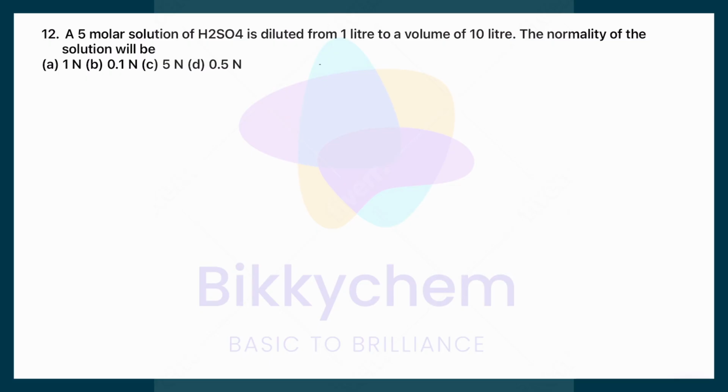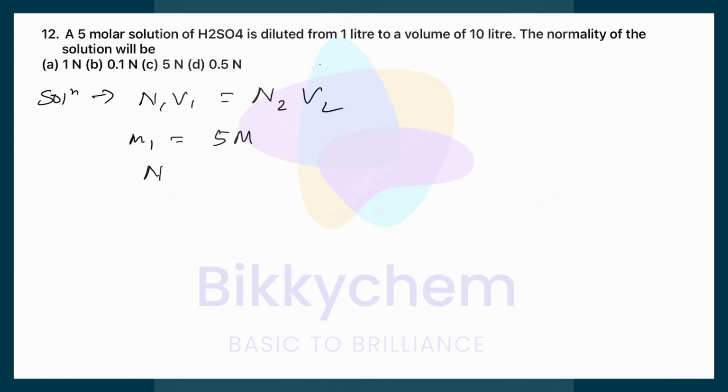Okay, dear student, let's see the next question. We need to find out the normality of the solutions. So since here the value is given in the molarity, but we have to find out that in the normality. So the formula will be N1V1 is equals to N2V2. M1 is given 5M.